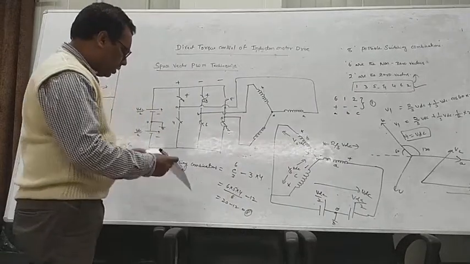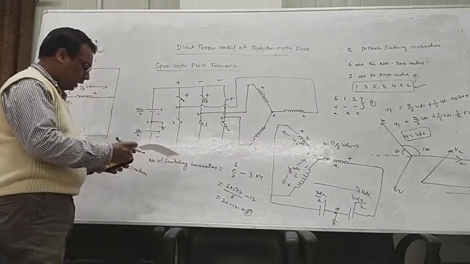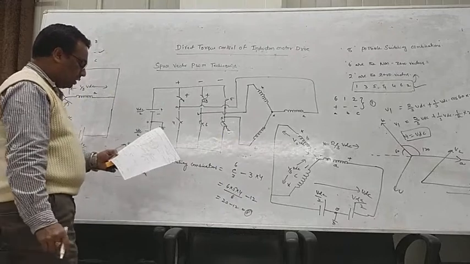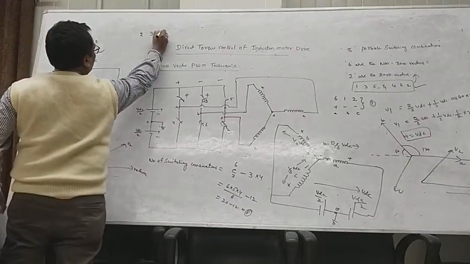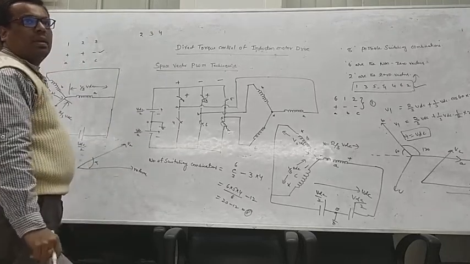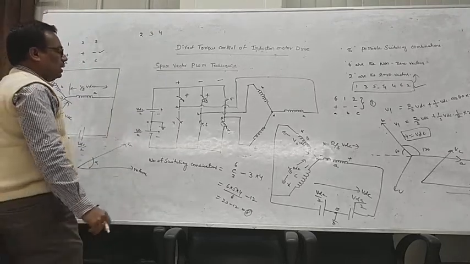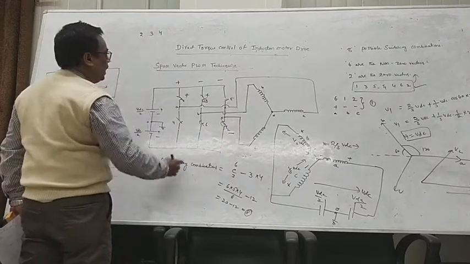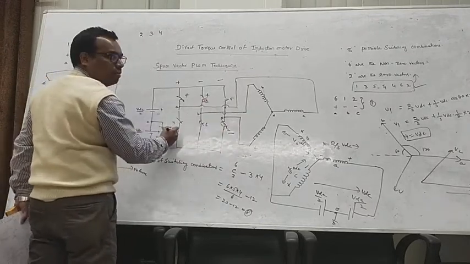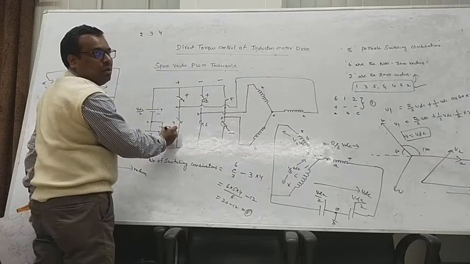Now the next combination, for example the third combination, is 2, 3, 4. Here 2 in the sense C is negative, 3 is positive, and 4 is in the bottom group.